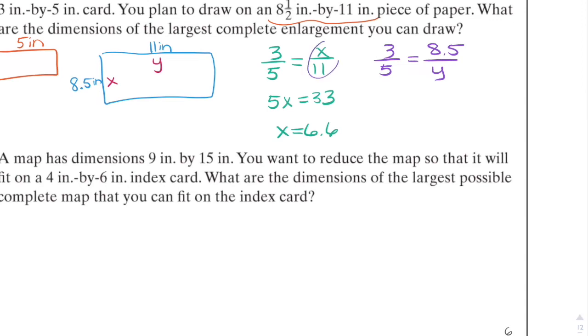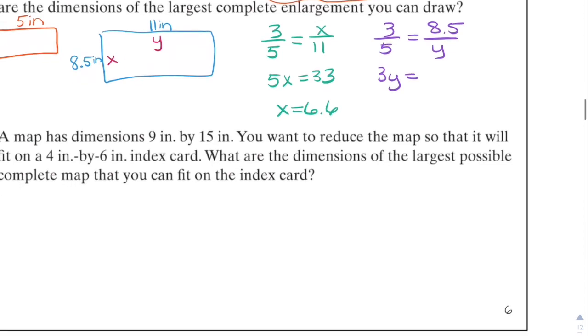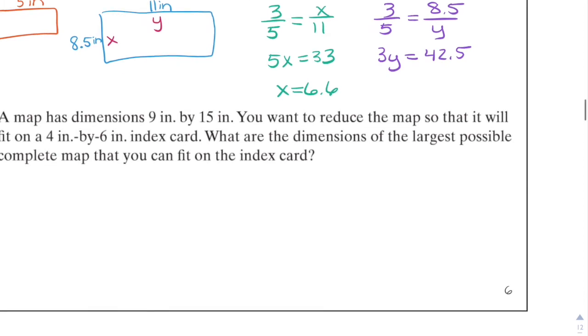See, look at the setups here. I'm using only one of the variables at a time. So 3y equals 8.5 times 5, and that's 42.5. We're going to divide both by 3, so we get y equals 14.16 repeated.